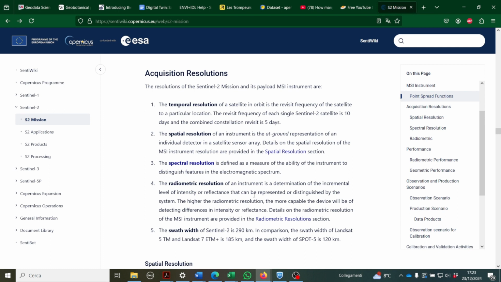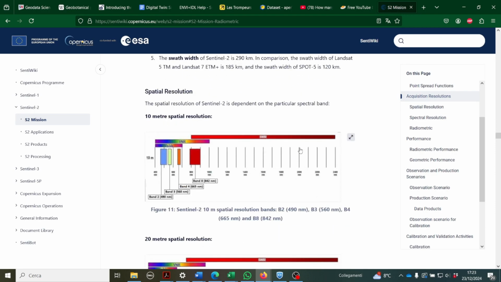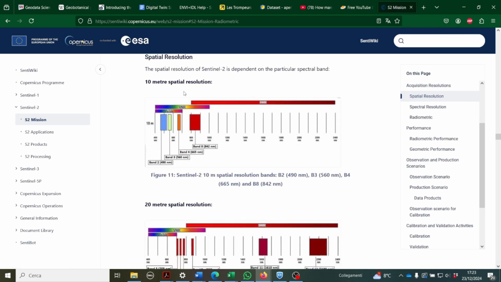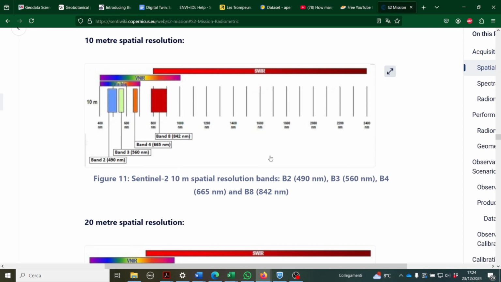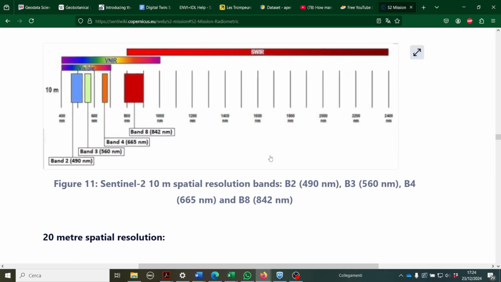Coming back to the radiometric resolution. The radiometric resolution is the registration of the incremental level of intensity or reflectance that is coming from the ground. If you go to the radiometric resolution part of these slides, this is the representation. Let me zoom in here.